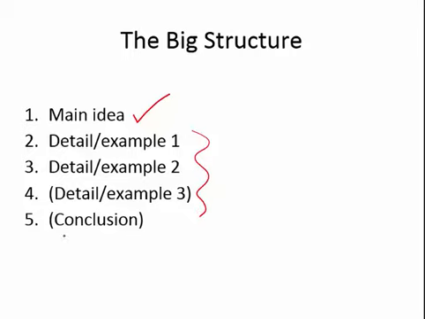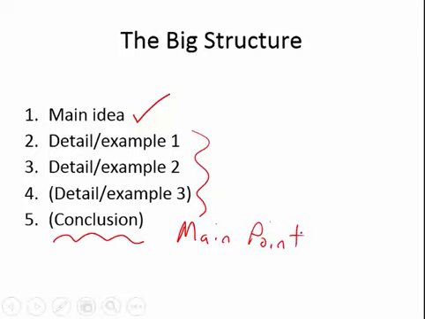Okay? This could lead to a conclusion if you have one paragraph basically, or maybe you have main point 2 and you just follow the same pattern. So you start with a main idea, you support it with detail, and then you go back to another main point and support it with detail, and so on until you've done your full response.